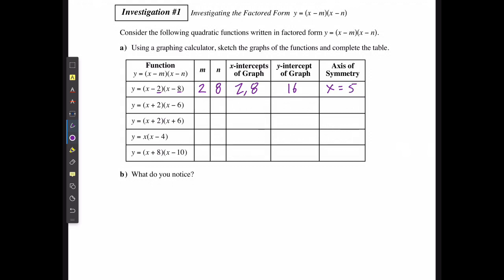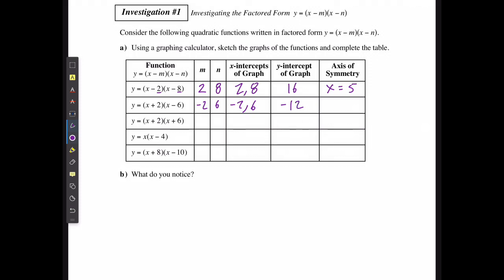In the second case, when I have x plus 2, if I flip the sign in the middle, it's actually the same as minus negative 2. So m is actually negative 2. N is going to be positive 6. The intercepts occur at negative 2 and 6. The y-intercept occurs at negative 12.